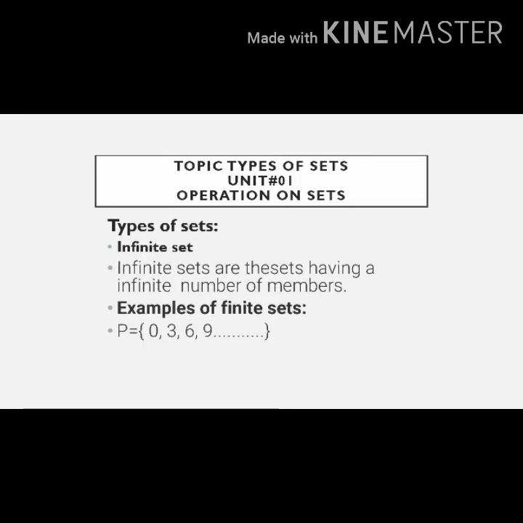Here we have an example in which the elements of set P are 0, 3, 6, 9 and so on. In this set we don't know the exact number of elements. That's why it is known as an infinite set.